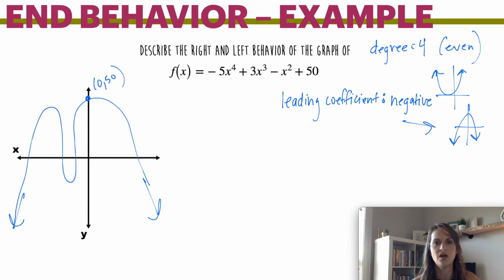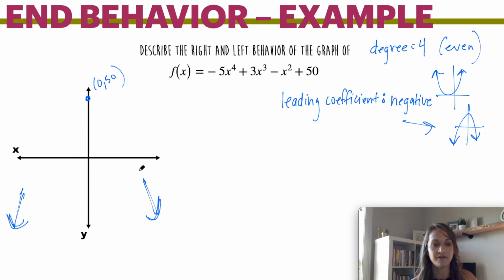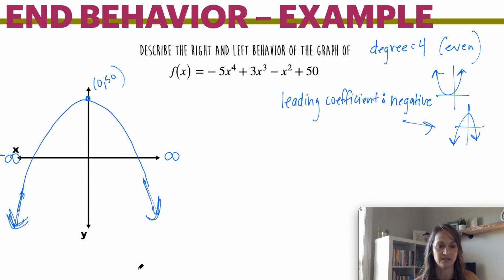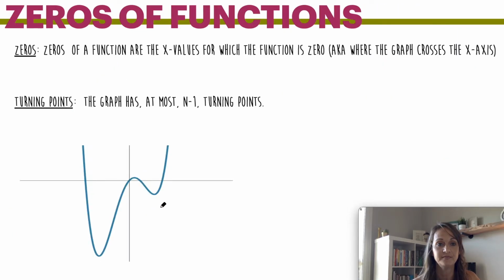We don't really know, but the only thing we do know is that far away, as x approaches infinity and as x approaches negative infinity, the graph is going to end up going down. So we know it's going to look at least something like this. We don't really know what's happening in here, but way out here, the y values will both go to negative infinity.